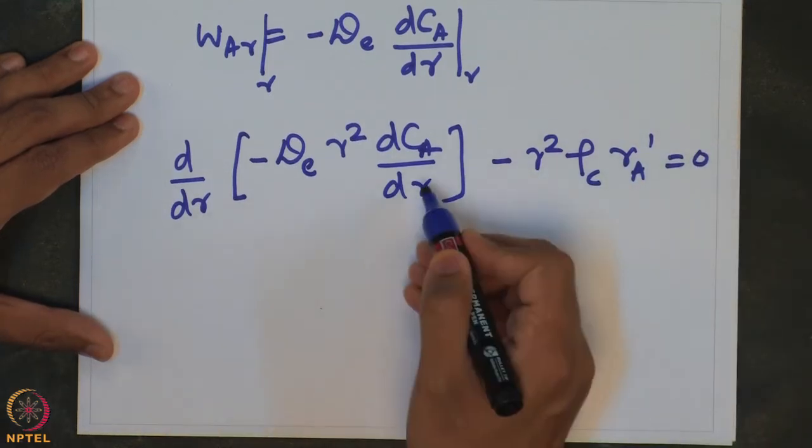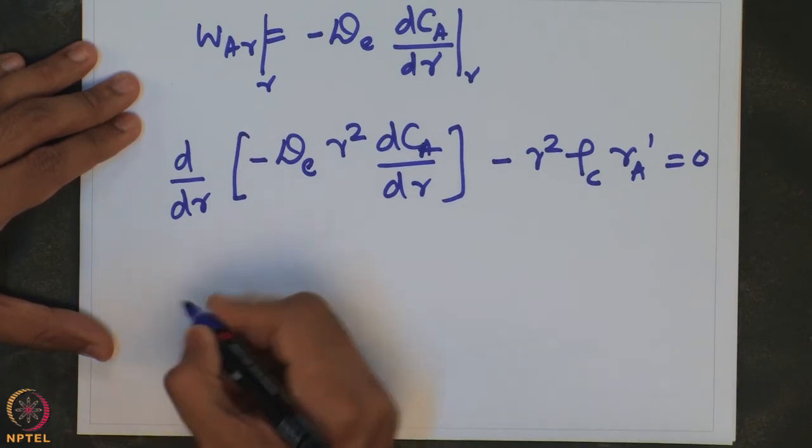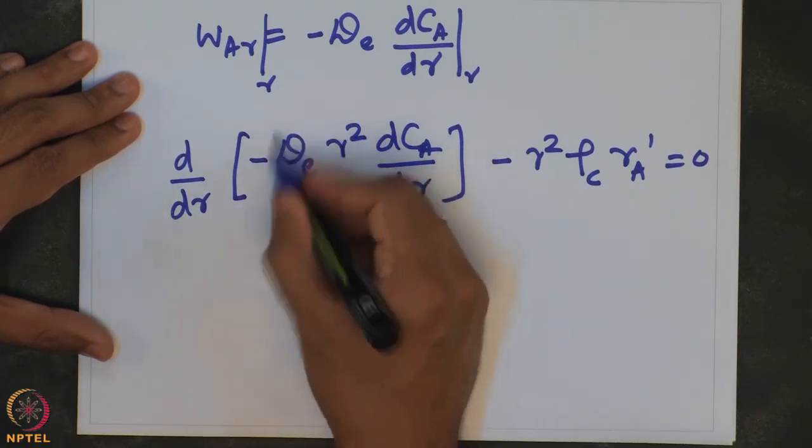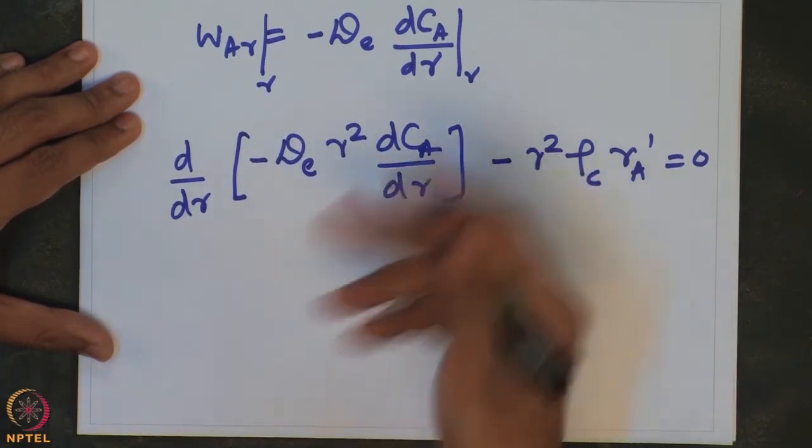Now, if I take this differential inside, and if D E is constant with respect to r, because it is essentially an effective diffusivity, I can assume that it is constant with respect to the radial position. So, I can pull it out of the differential.